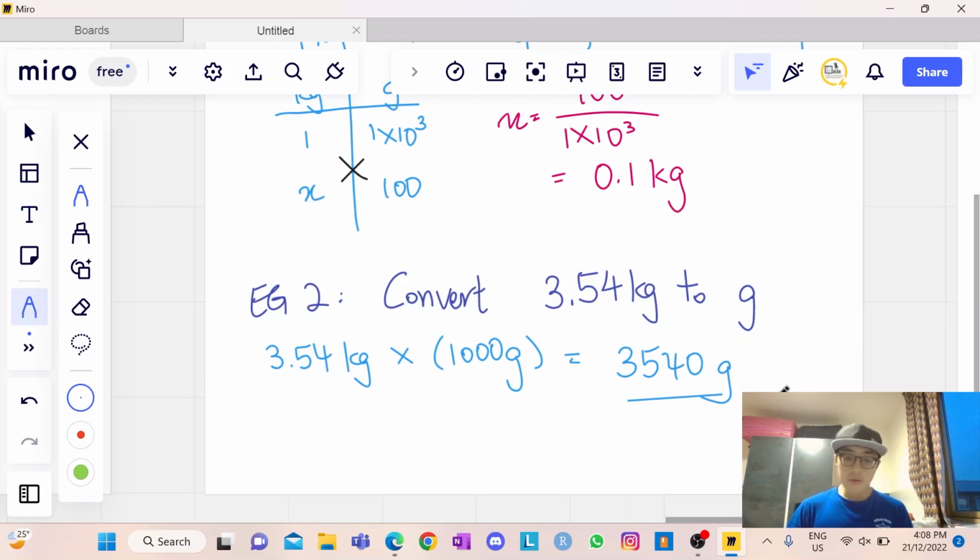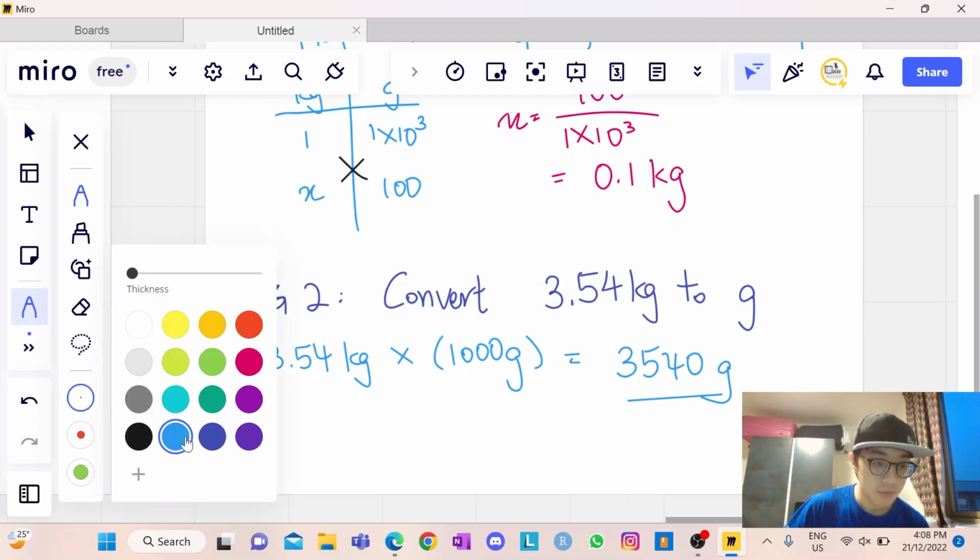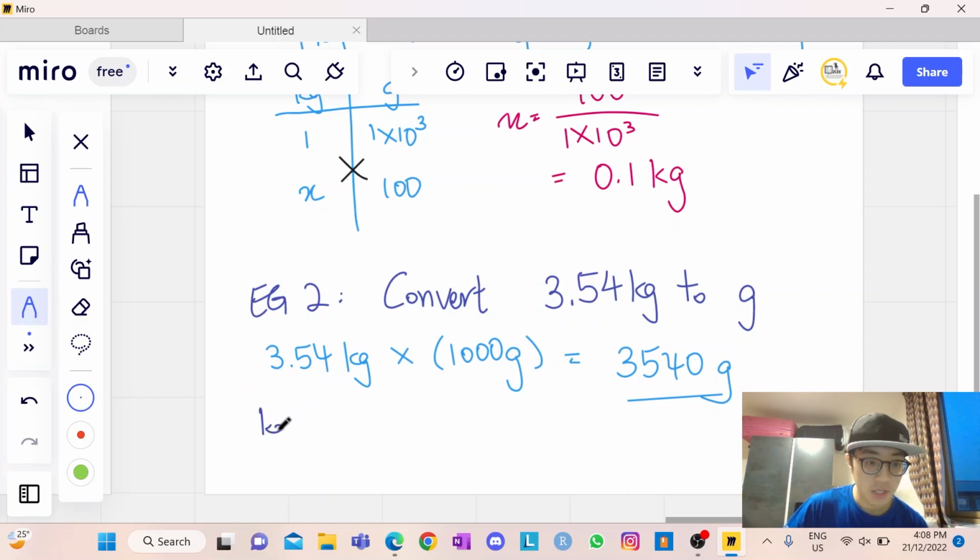So if you know the characteristics of, let's say, kilo and grams, you can just move freely, like move 3 decimal places forward or move 3 decimal places back. So as a summary here, from kg to g, you multiply by 1000.